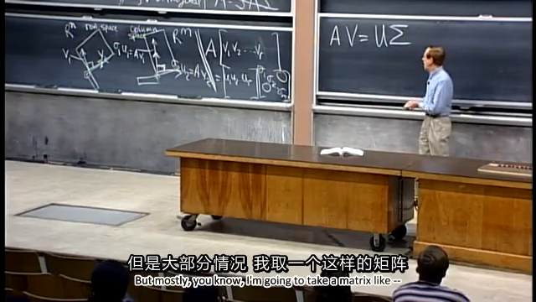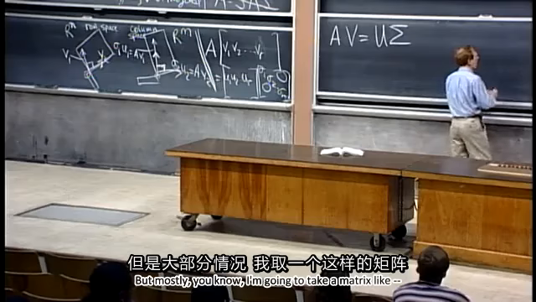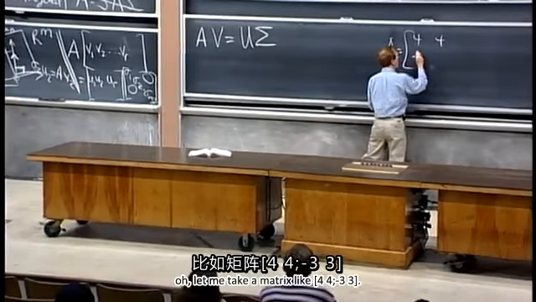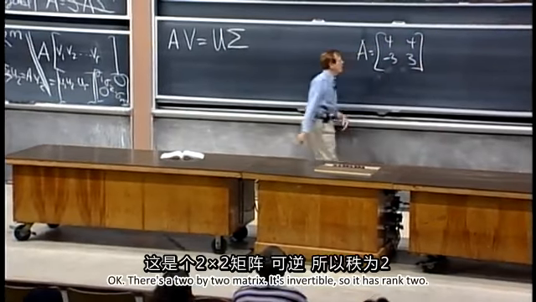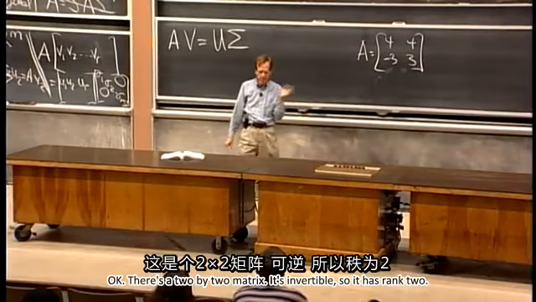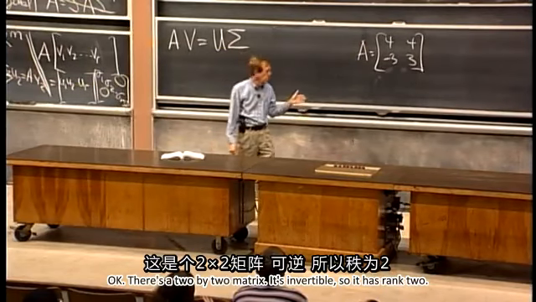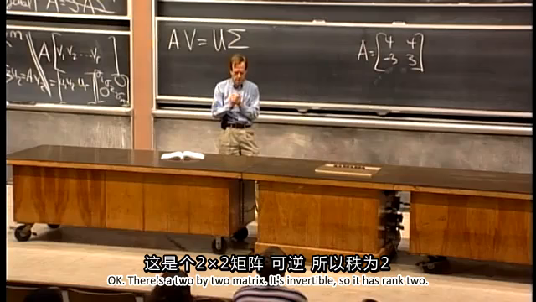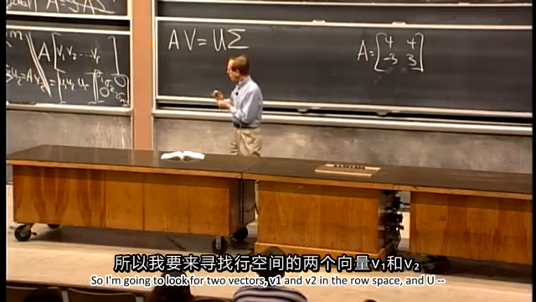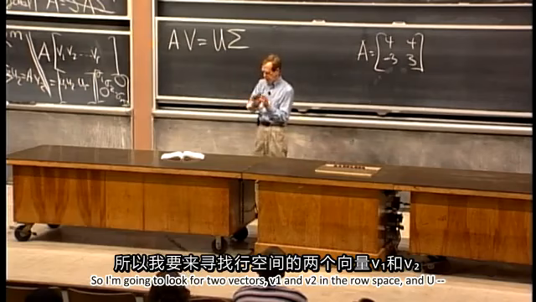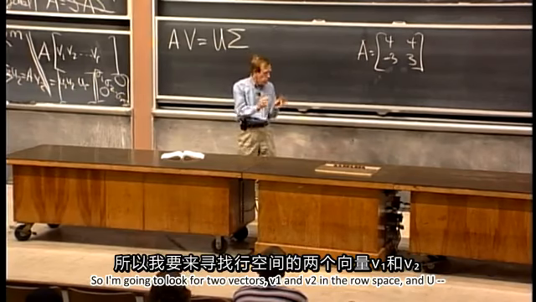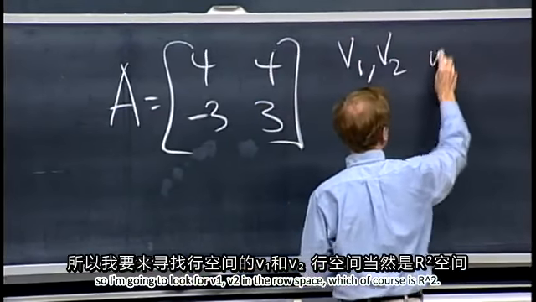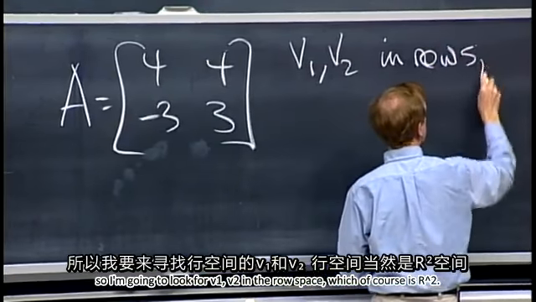But mostly, let me take a matrix like 4, 4, minus 3, 3. Okay. There's a 2 by 2 matrix. It's invertible, so it has rank 2. So I'm going to look for two vectors, V1 and V2, in the row space, which of course is R2.